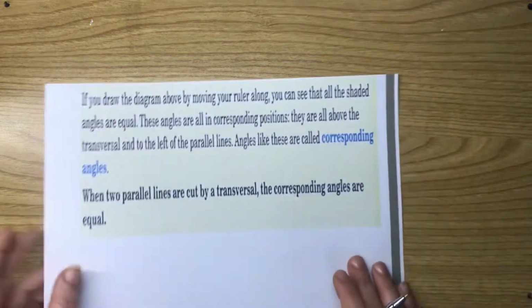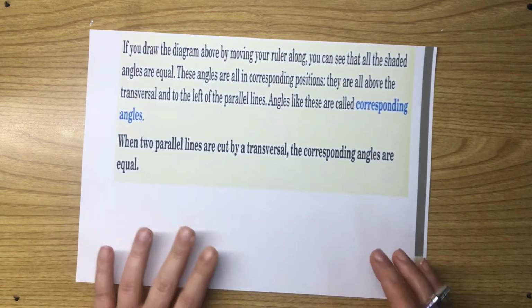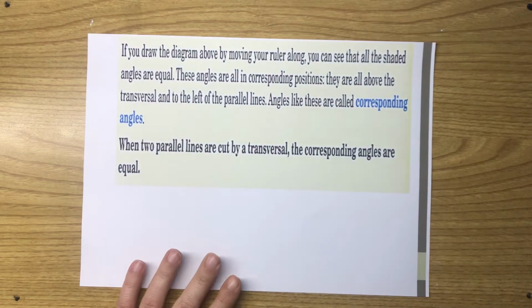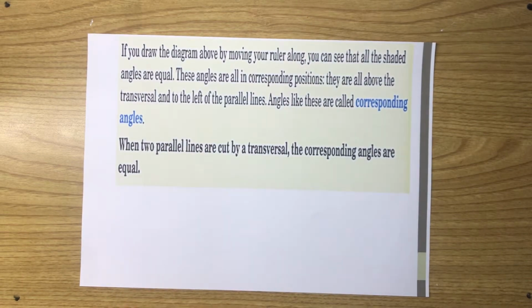If you draw a diagram by moving your ruler along, you can see that the shaded angles are equal. These angles are all in corresponding positions: they are all above the transversal and to the left of the parallel lines. Angles like these are called corresponding angles.